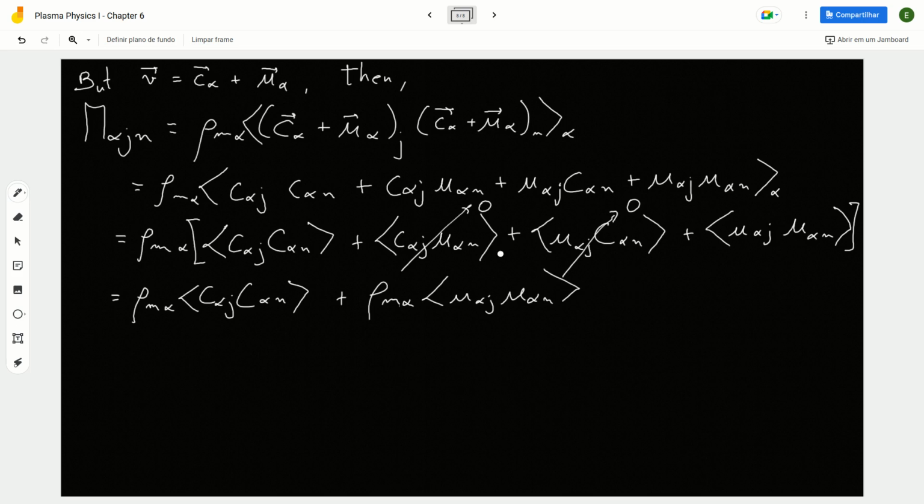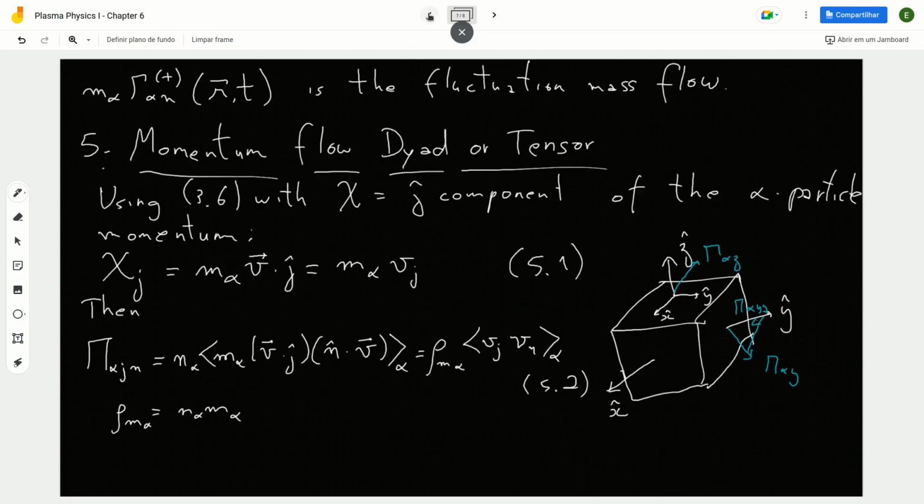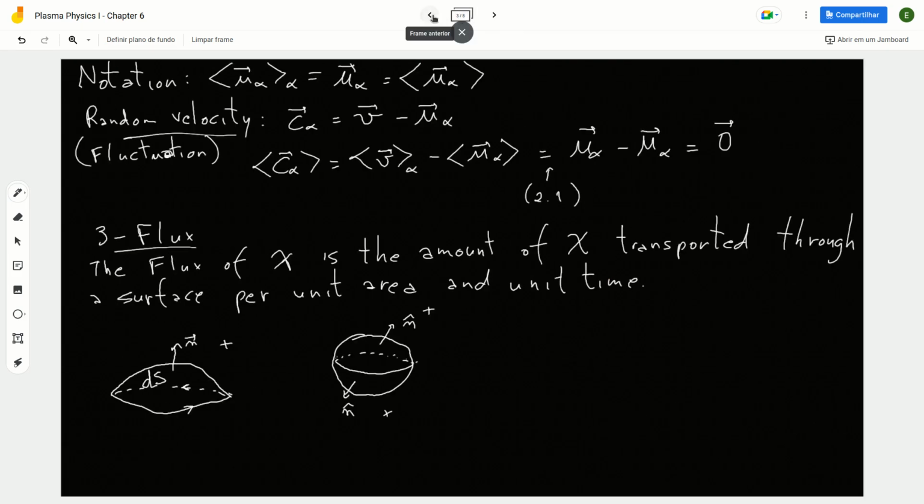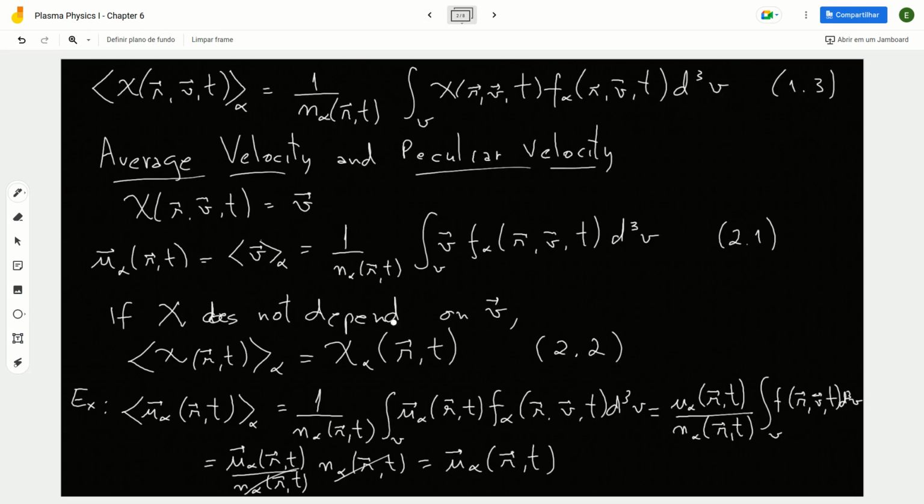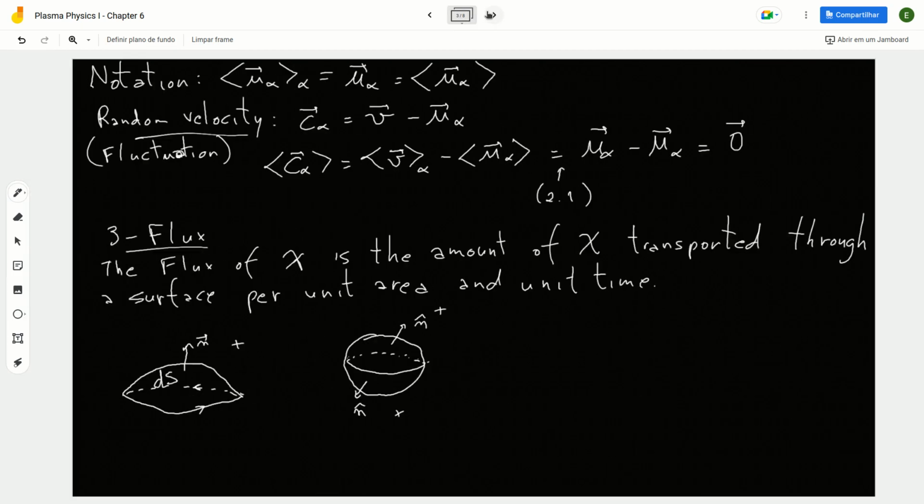Okay, now this average here, we can use 2.2 to write it. I don't need the brackets when the quantity does not depend on v. You can either use the bracket here with the alpha or like this, okay? Since u does not depend on v, I can write it just like this, right?